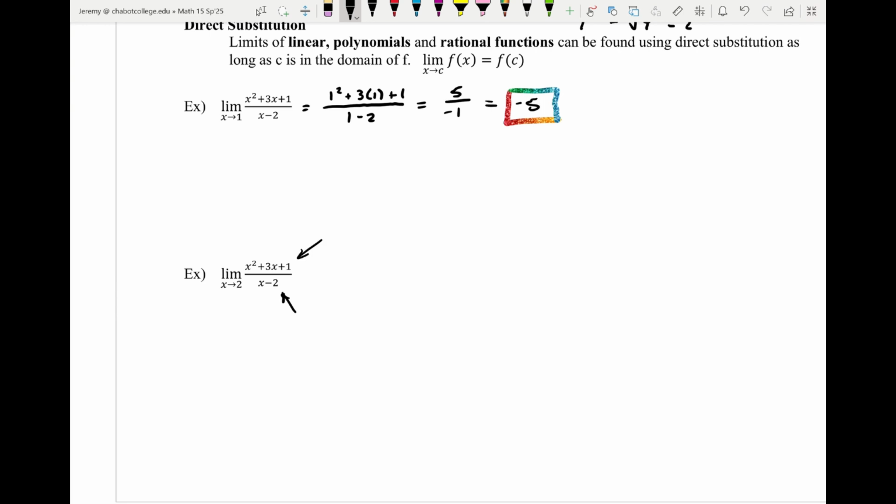Looking at the numerator, is this going to factor nicely over the real numbers? Well, if it did, we would need to find two numbers that multiply to 1 and add to 3, using the diamond method. There are no two such numbers. So this doesn't really factor in such a way that's going to simplify it at all.